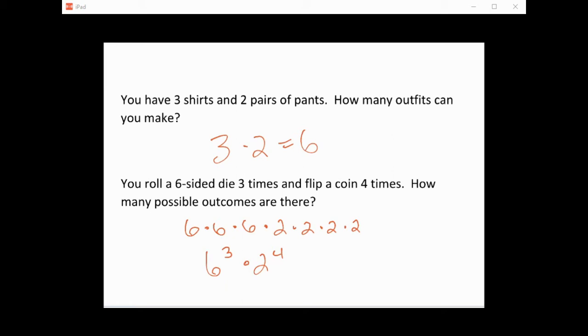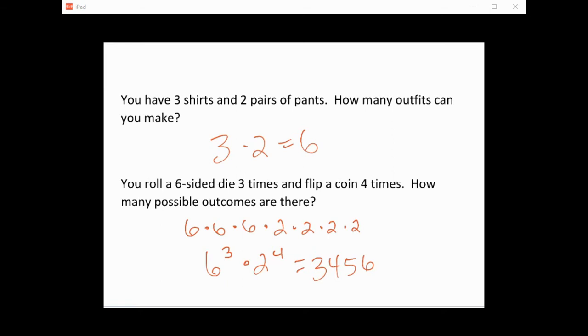Which is 3,456. So there's 3,456 different ways that could come about with all of those rolling of the die and flipping of the coins.